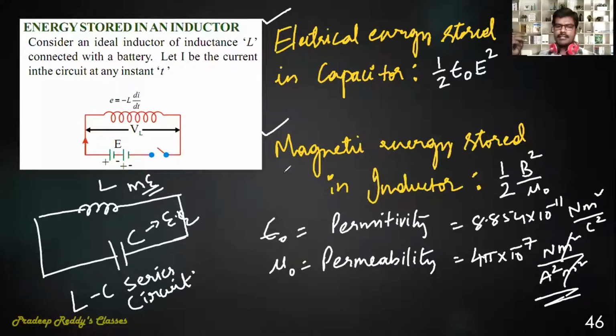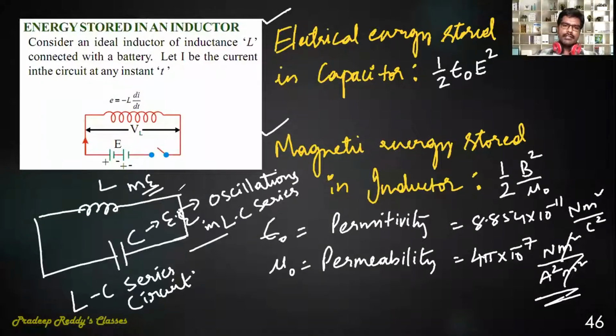Magnetic energy again gets converted into electrical energy in the capacitor, vice versa. We call them energy oscillations in LC series circuit. That we will be discussing at the end of this chapter.